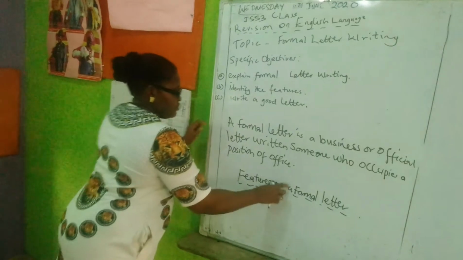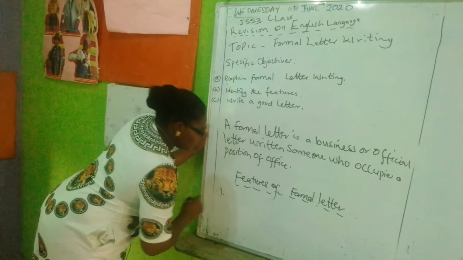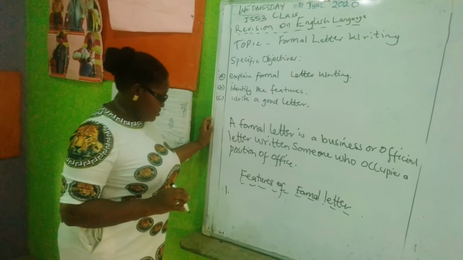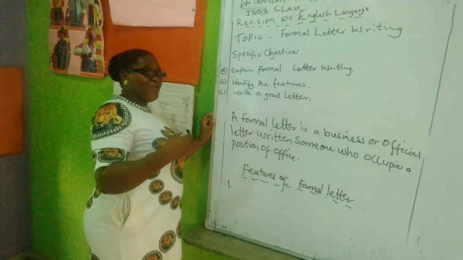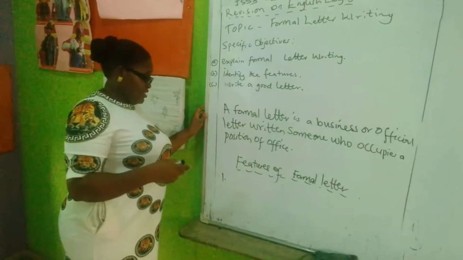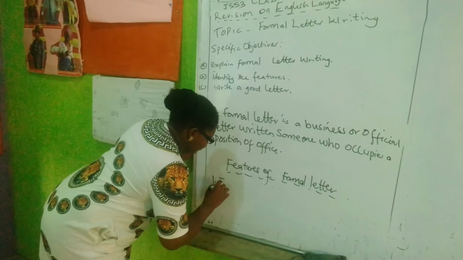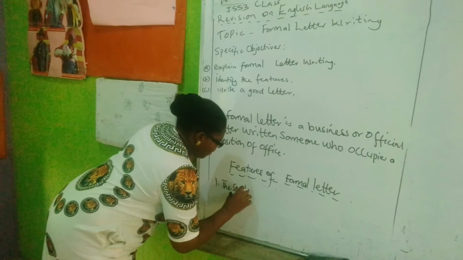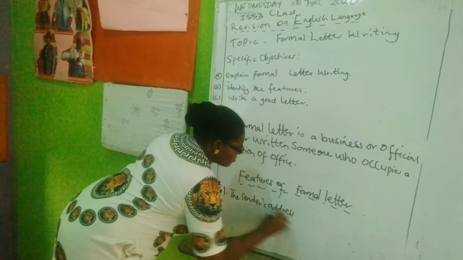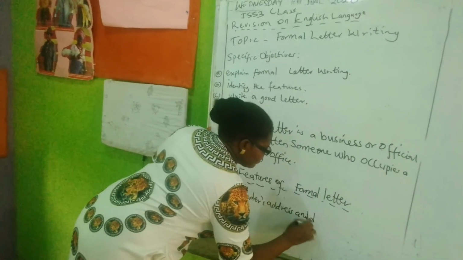Features of a formal letter. Let's look at number 1. Number 1 is that the letter must have an address. It is either where it's coming from or where it's going to. So we have the sender's address, where it is coming from, and date.